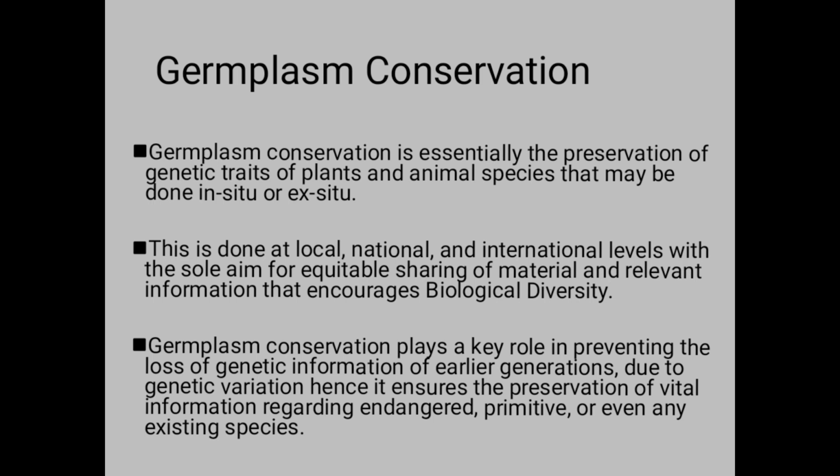This slide is trying to say that germplasm conservation plays a key role in preventing loss of genetic variations. It prevents loss of genetic cultivars that may be used in future. Most of the cultivars may go extinct if they are not conserved at the gene bank or cryobank, or any germplasm conservation method that requires the genetic makeup or materials or variants to be conserved.